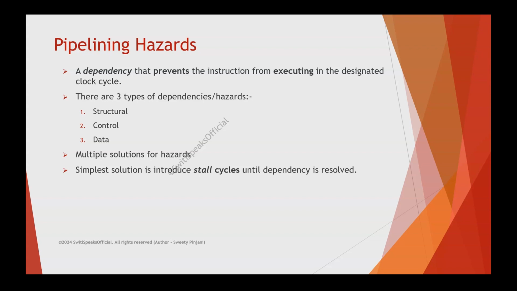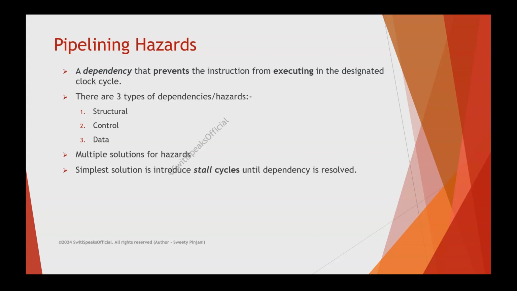And say there is an instruction in the next instructions which also has a hazard, then again a lot of wait cycles will get introduced. This way your CPU performance will be drastically impacted, which is the biggest disadvantage of introducing stall cycles. That's why it's not an ideal solution.